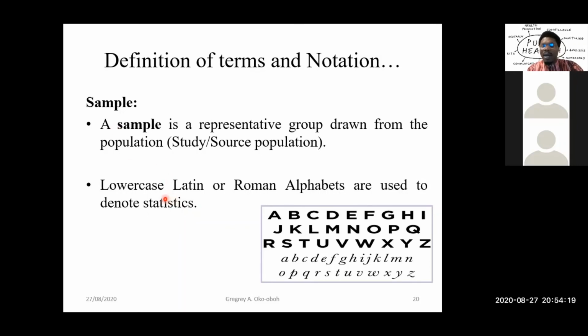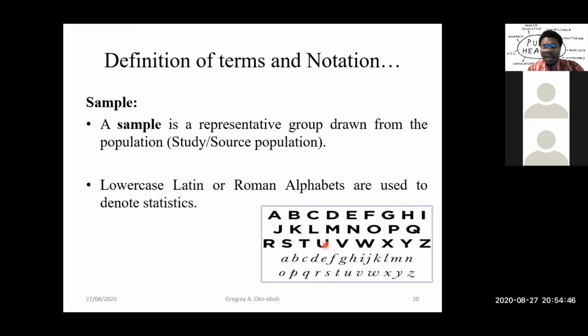You notice that parameters describe a population. Statistics, on the other hand, describe a sample. We've said it earlier in our lectures. Parameters are represented by lowercase Greek alphabets, while statistics are represented by lowercase Latin or Roman alphabets.